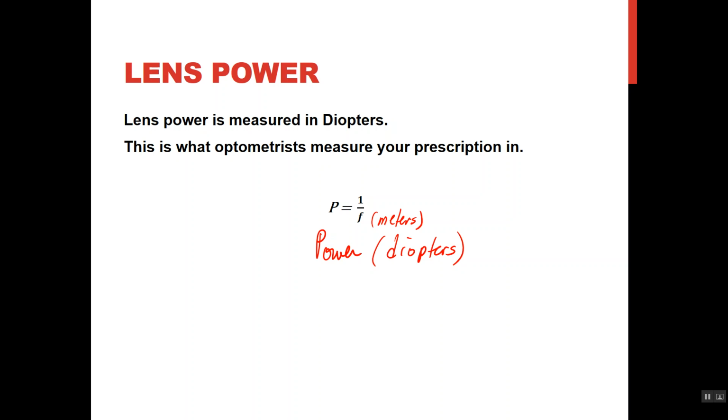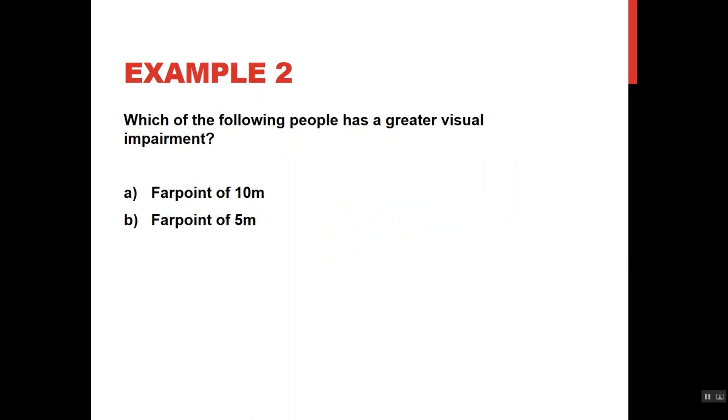Now, the smaller the focal length, I'm going to get to a question on this in a second, actually, right now. Tell me about this. Which of the following people, A or B, has a greater visual impairment: one that has a far point of 10 or one that has a far point of 5 meters?